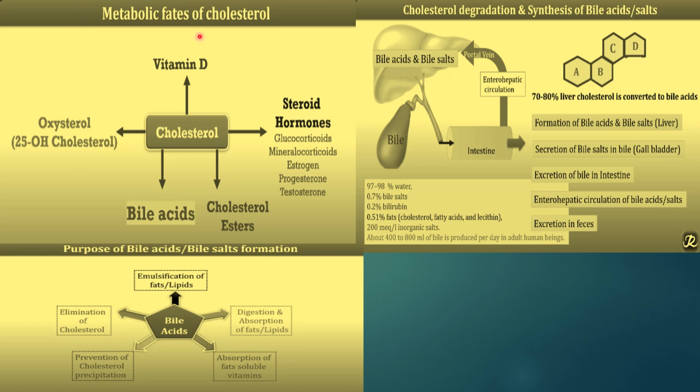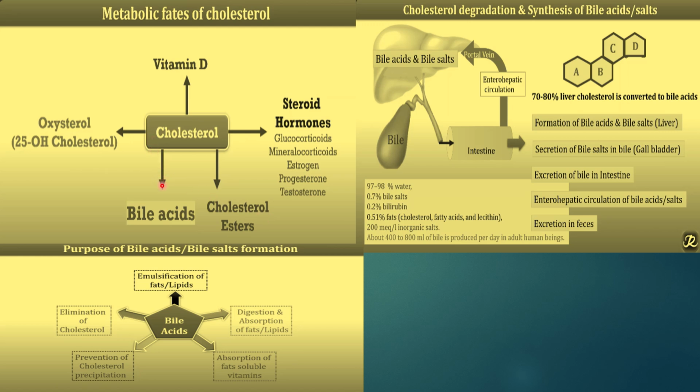Then the metabolic fate of cholesterol. What are the uses? How is it converted into useful products? So cholesterol is important for synthesis of vitamin D. It is important for synthesis of steroidal hormones like glucocorticoids, mineralocorticoids, estrogens, progesterone, testosterone, all male and female sex hormones. Then it remains in the form of cholesterol esters, and it is an important component of various plasma membranes also.